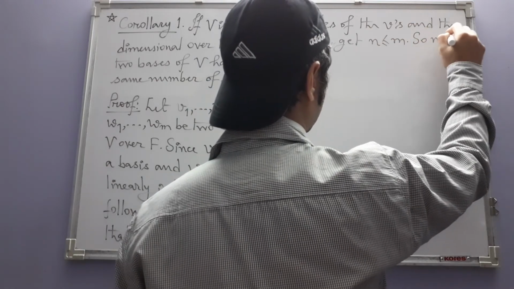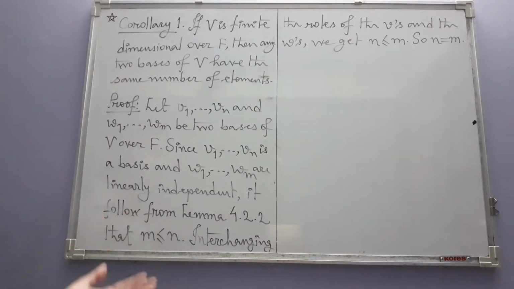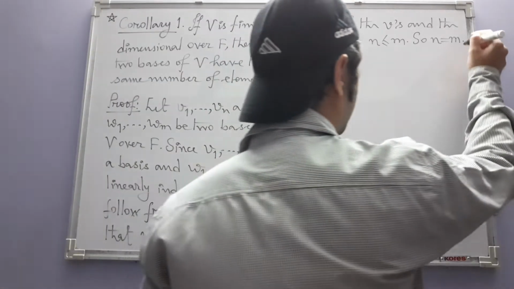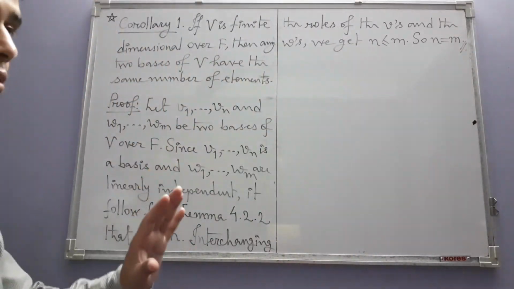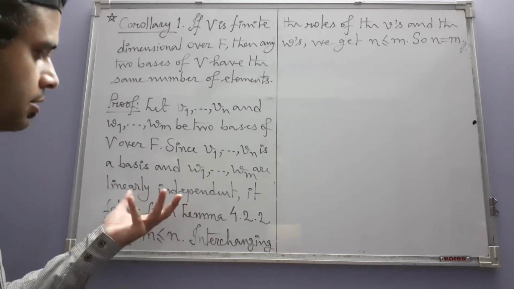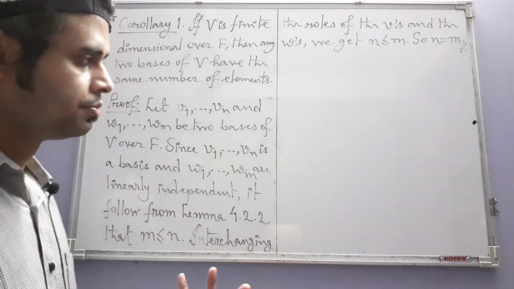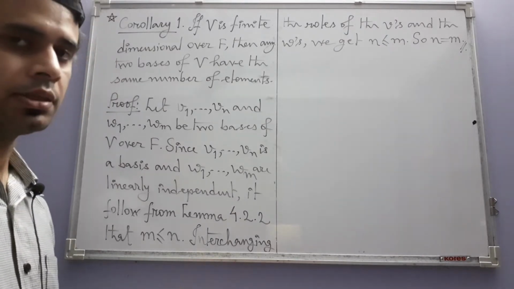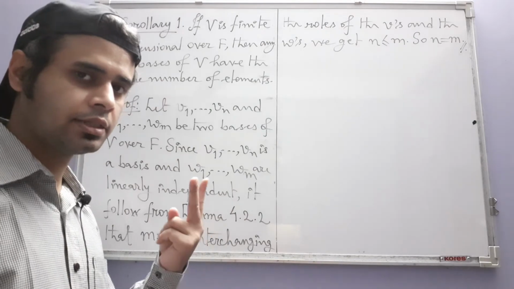So n must be equal to m, and hence any two bases of V over F have the same number of elements. That number is fixed, but note that the bases themselves are not fixed. A single vector space of, say, dimension 2 can have many bases, but each such basis will have exactly 2 elements.